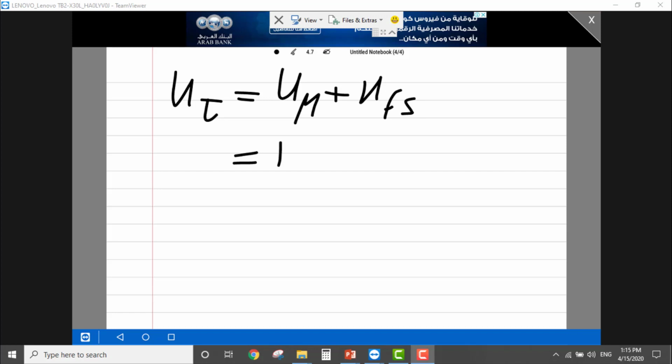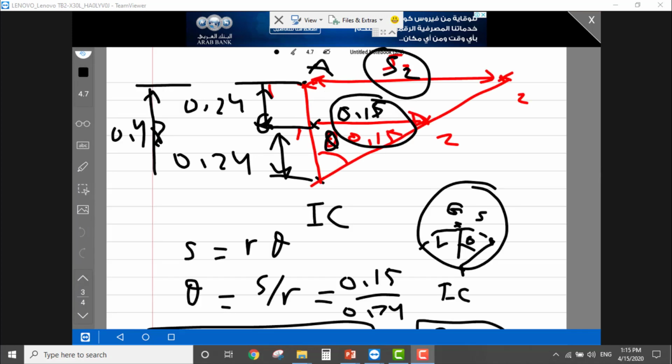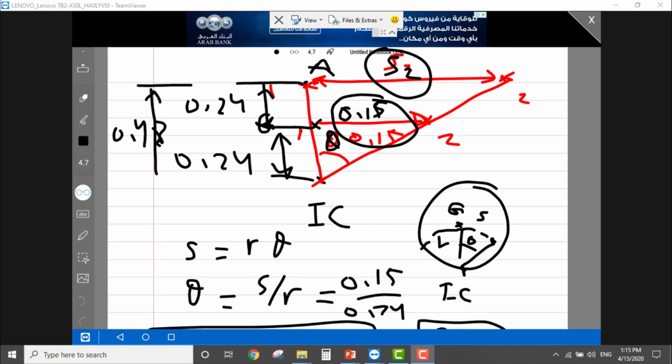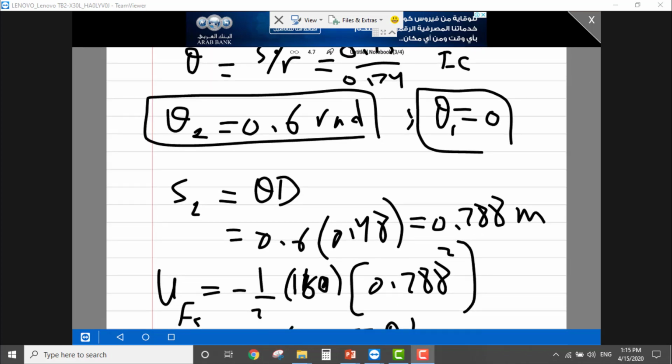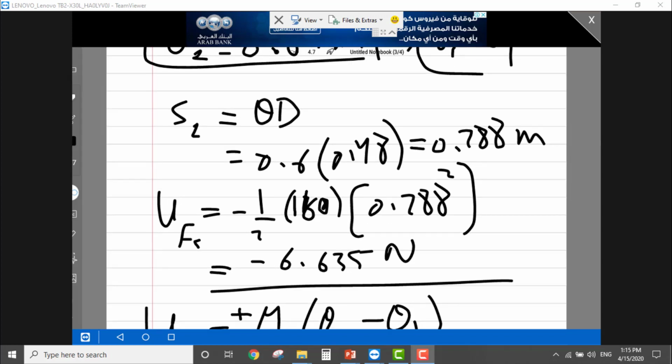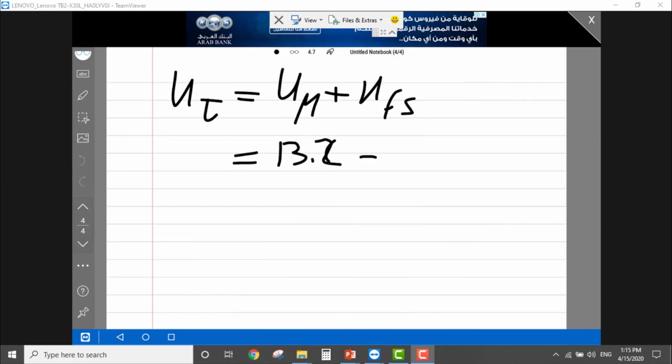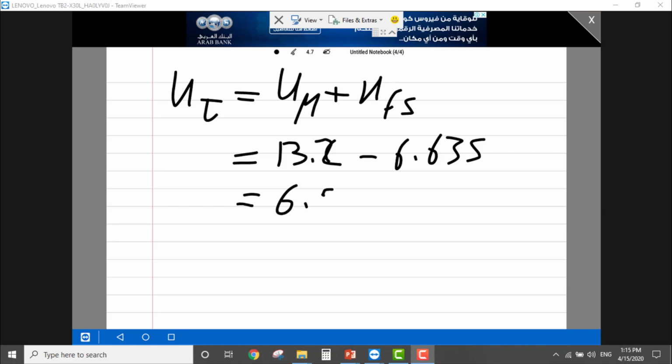So this is 13.2 minus 6.635, and the result is 6.565 joule.